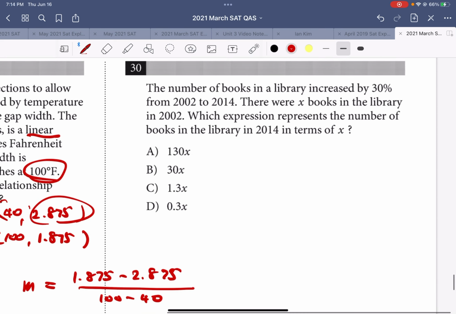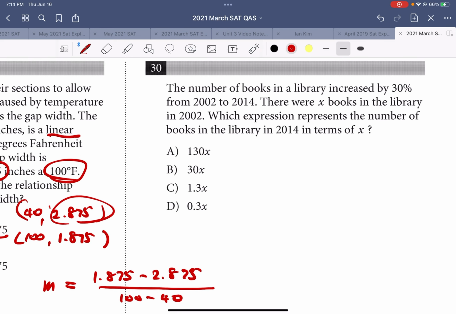Now, number 30, the number of books in the library increased by 30%, 2002 to 2014. There are X books in the library in 2002, and which expression represents the number of books in the library in 2014 in terms of X? So it increased 30%. Not every year, from 2002 to 2014.